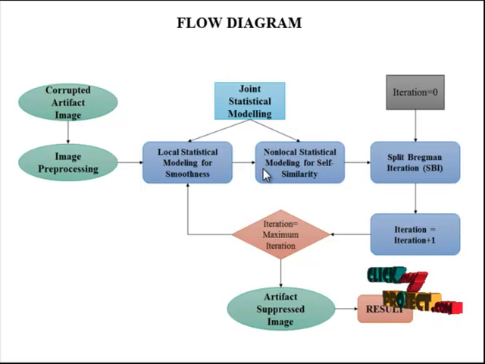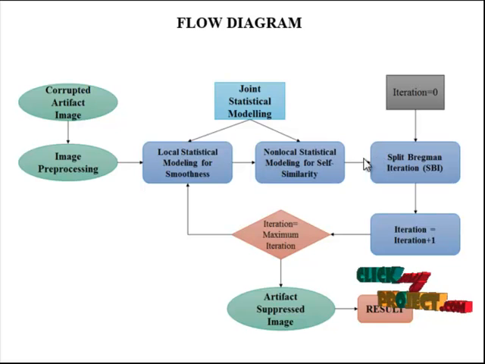Finally, estimate the zero mean and variance so as to remove the artifacts effectually. Repeat the above steps up to the maximum iteration based on the split-Bregman iteration. The split-Bregman iteration is the repetition of the process up to the maximum iteration.